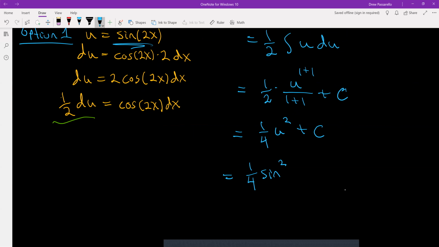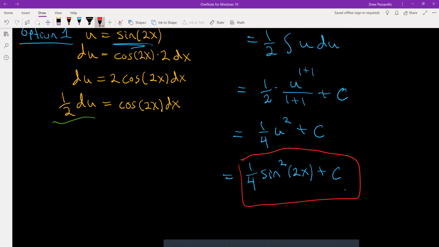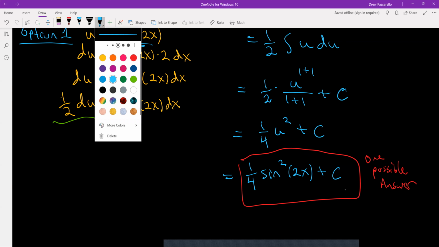So it'd be 1/4 sine squared of 2x plus c. Right, and that's the answer going with the first option. So I'm saying that's a possible answer. Now option 2.